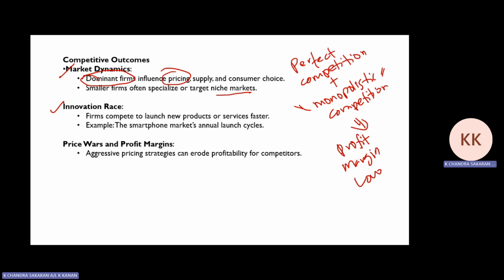Now iPhone, what's the model? iPhone 16. What's the model now for iPhone? Anyone? 16, right? 16 what?